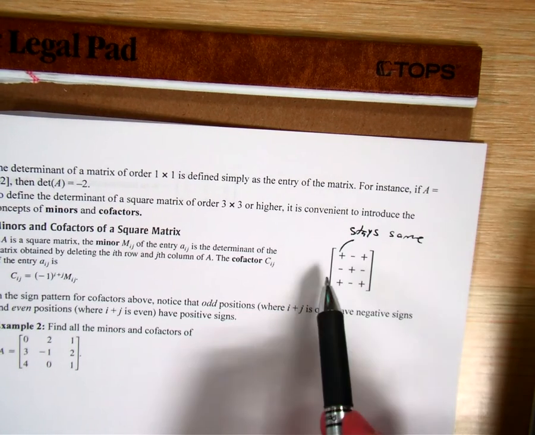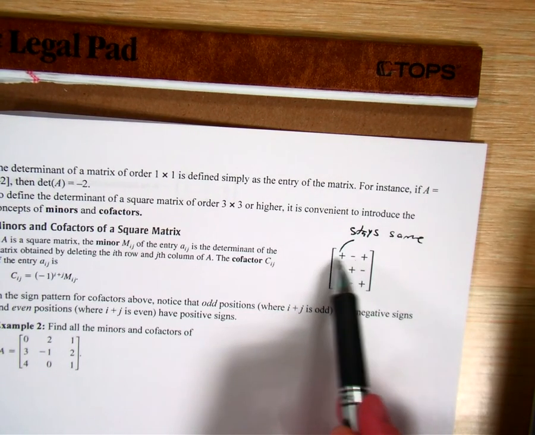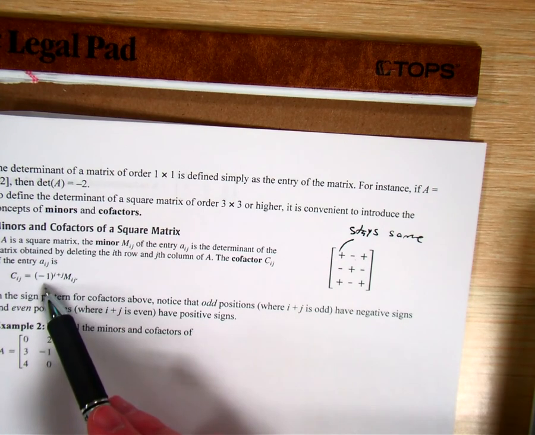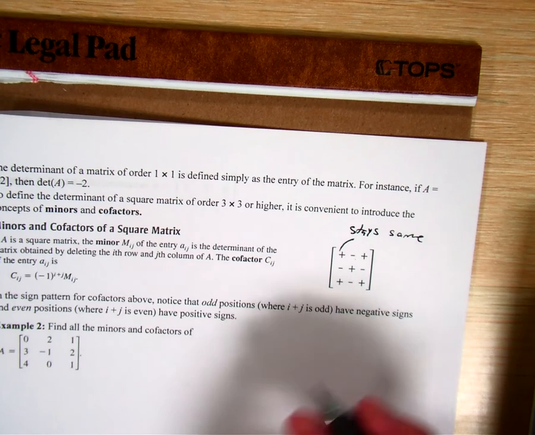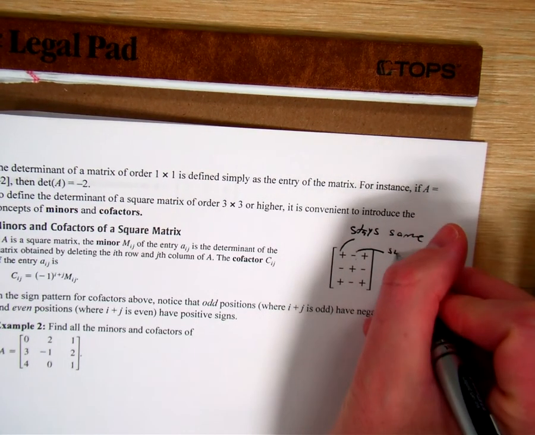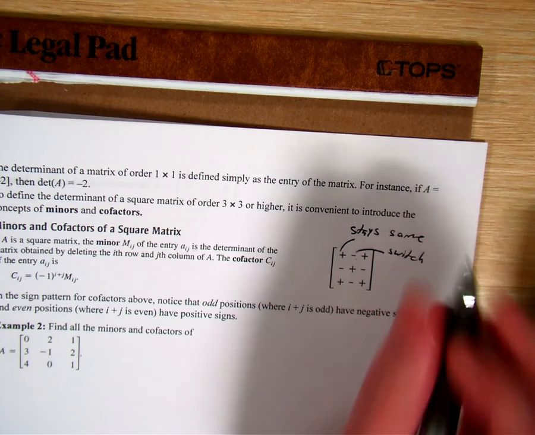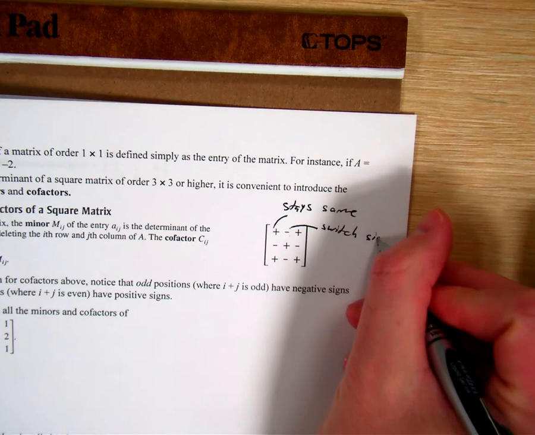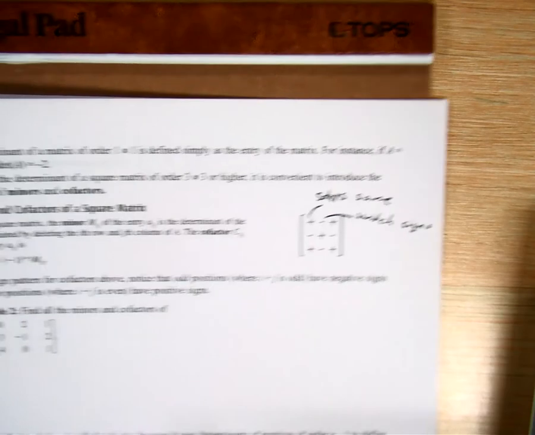And then in this spot, first row, second column, 1 plus 2 is going to be 3. Negative 1 to the third power is negative 1, which means that this one is going to flip signs, switch signs. And that's at the end.